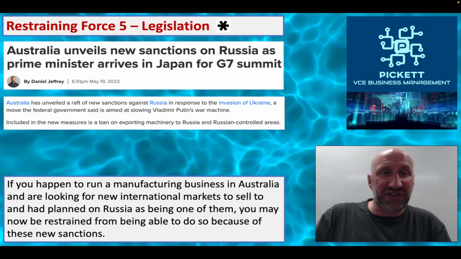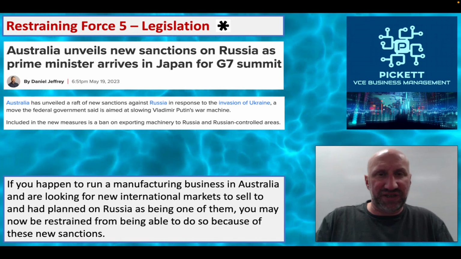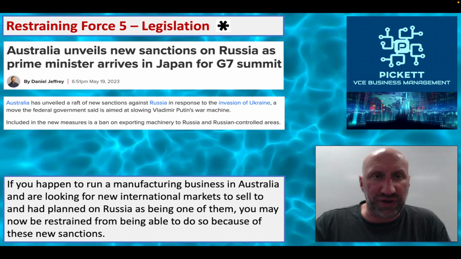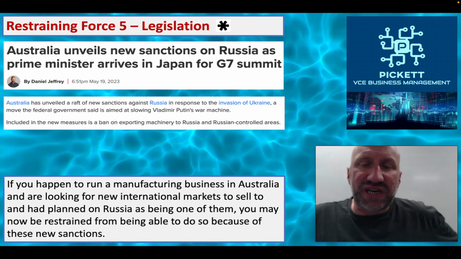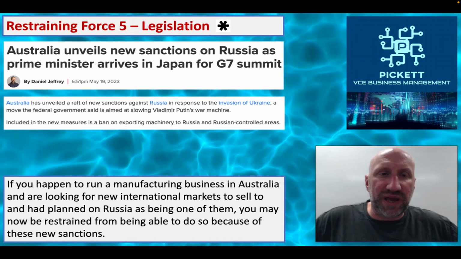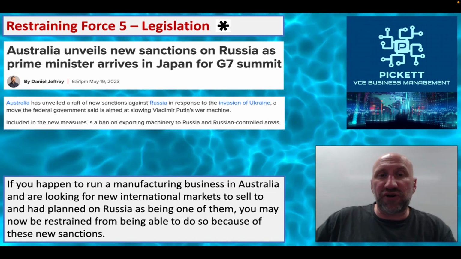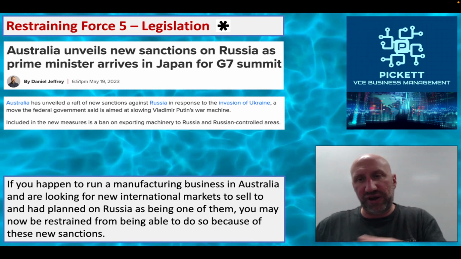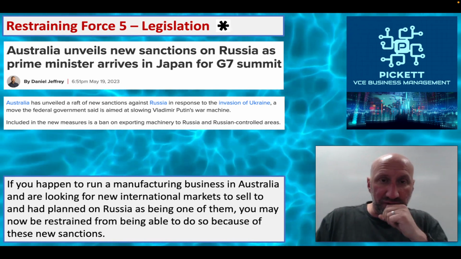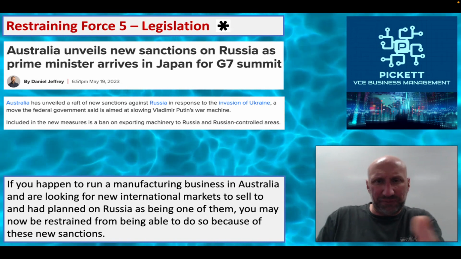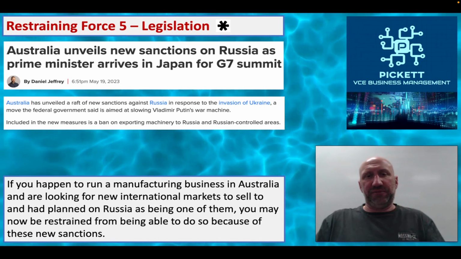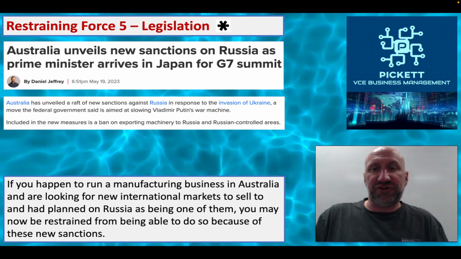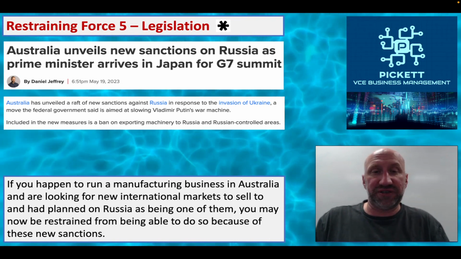So here, this is very recent. When I say recent, again, in the context of it being June 2023: Australia unveils new sanctions on Russia as Prime Minister arrives in Japan. Australia has unveiled a raft of new sanctions against Russia in response to the invasion of Ukraine. Most countries are doing likewise, aimed at slowing Putin's war machine. This includes a ban on exporting machinery to Russia and Russian-controlled areas.